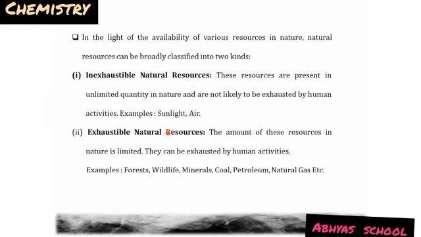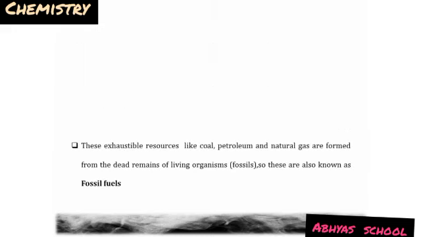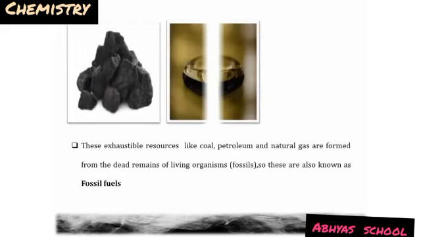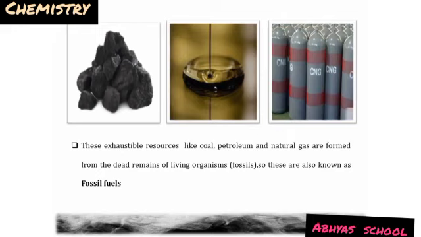Whereas for exhaustible resources, the amount of these resources in nature is limited. They can be exhausted by human activities. Example, forest, wildlife, minerals, coal, petroleum, natural gas, etc. So in this chapter, we will study some of the exhaustible natural resources like coal, petroleum and natural gas.